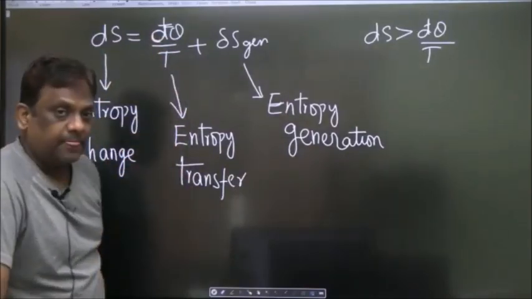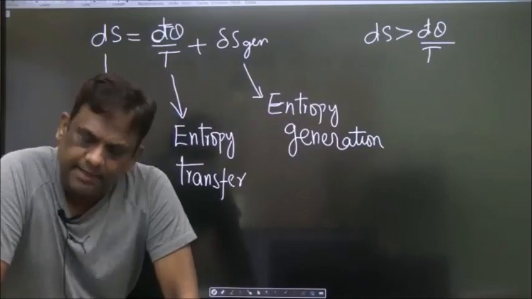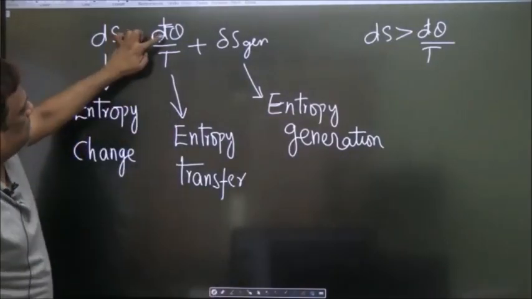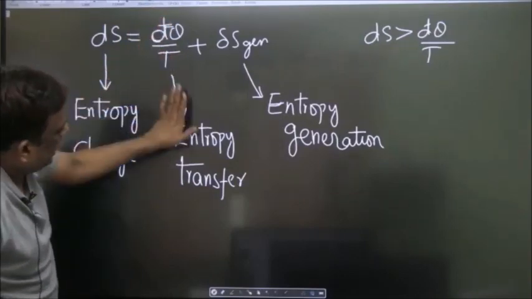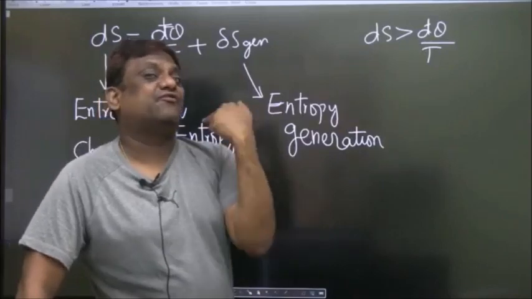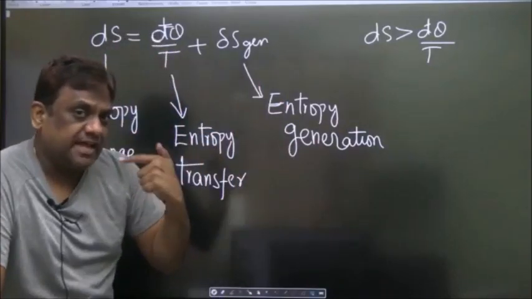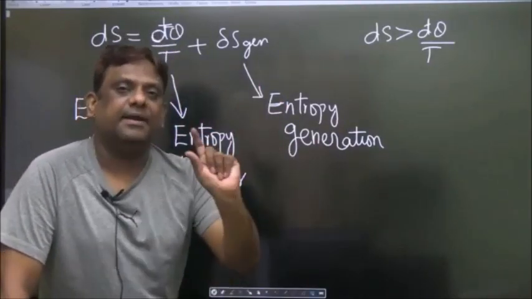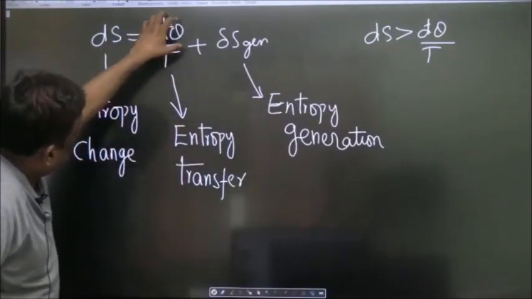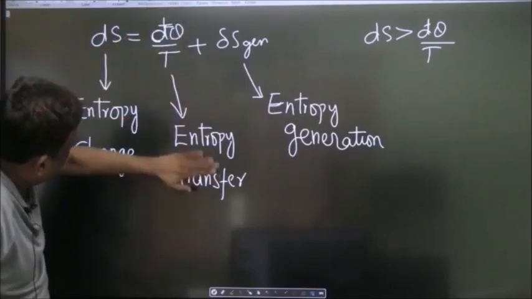Now let us take an adiabatic process. In an adiabatic process, what is the heat transfer? Zero. When this is zero, entropy transfer is zero. In which process is the entropy transfer zero? Adiabatic process. So this term becomes zero.